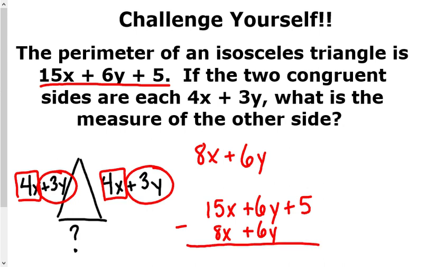So notice we're going to get 5. The plus 6y and the minus 6y is going to give me 0. And then 15x minus 8x is 7x. So that missing side must have been 7x plus 5.